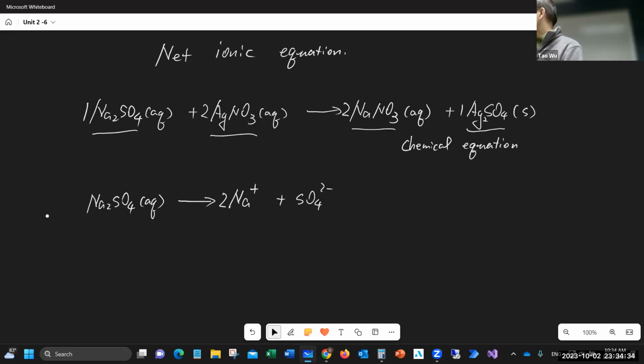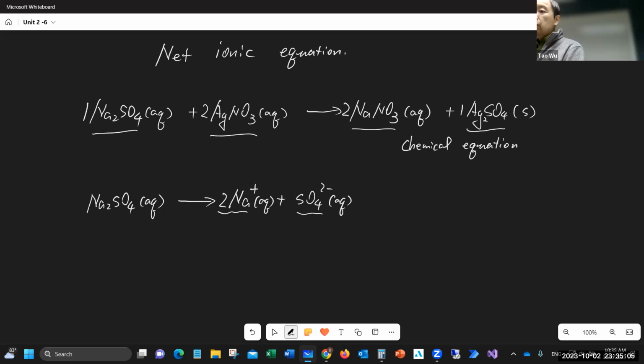Ions are very small. Your eyes cannot see them, so that's why it disappears. But when they combine together, the structure or the matrix is big enough so you can see it. So sodium sulfate becomes ions: one mole of sodium sulfate becomes 2 moles of sodium ions and 1 mole of sulfate ions.